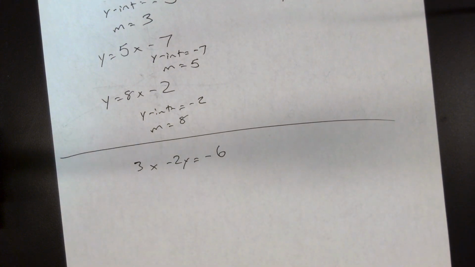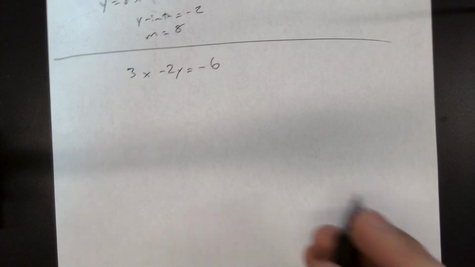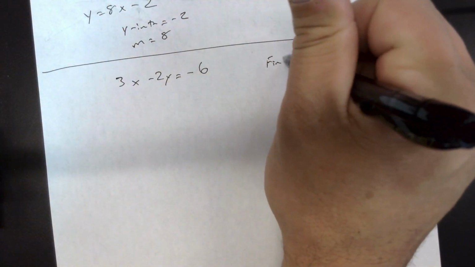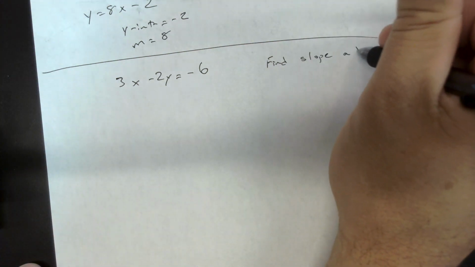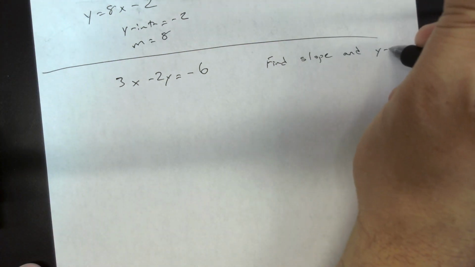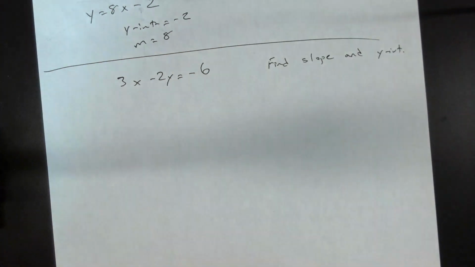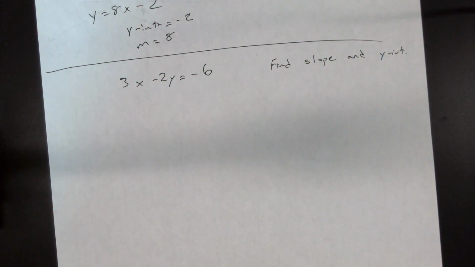If they give us something like that, they're going to say, find the slope and y-intercept. That's in standard form. You can't see the slope and the y-intercept as long as something's in standard form. You first have to get it to slope-intercept form.